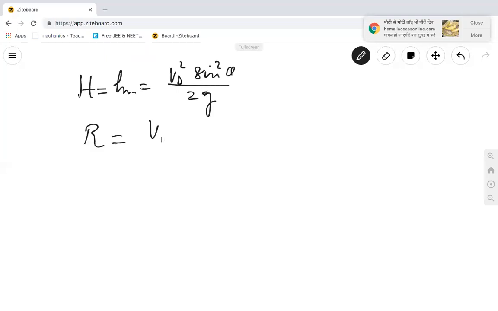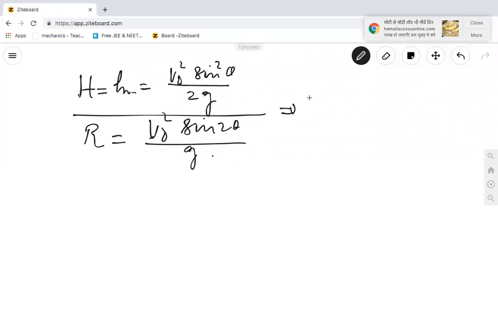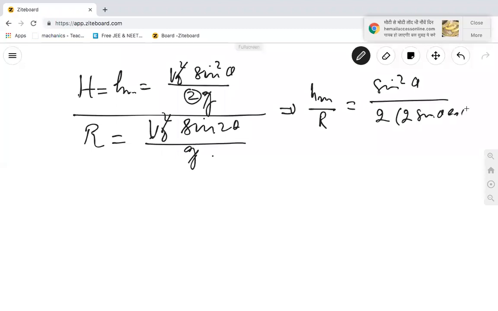We know hm is equal to v0 square sine square theta by 2g, and r is equal to v0 square sine 2 theta by g. Let me divide them. hm by r: v0 square cancels, g cancels. It is sine square theta divided by 2 into sine 2 theta, which is twice sine theta cos theta.